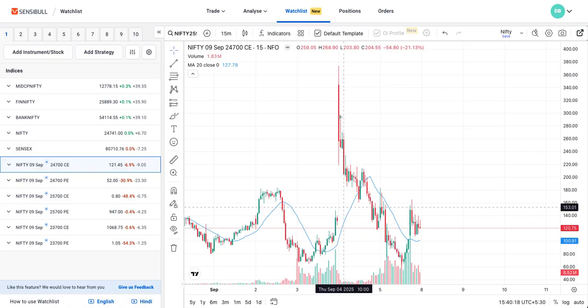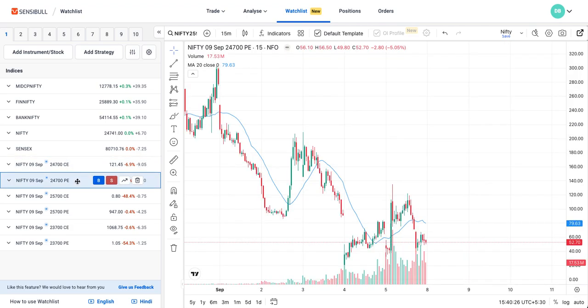So this is quite a high jump. And let us see what happens to the 24,700P, the put option. The put option will obviously go down with the underlying price, so that has gone down. It came down from 91 to around 20, which is around 70 points.